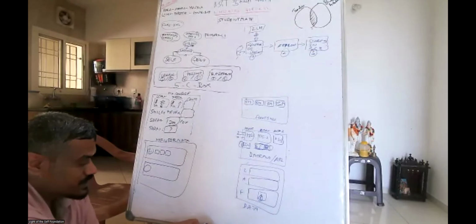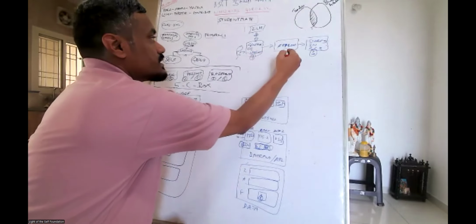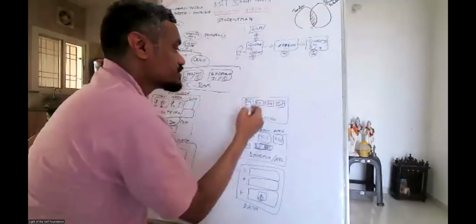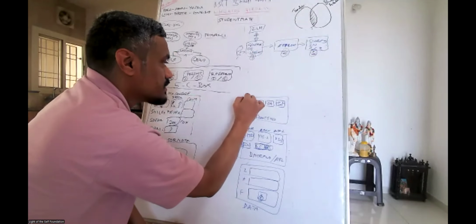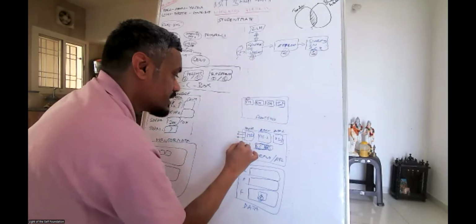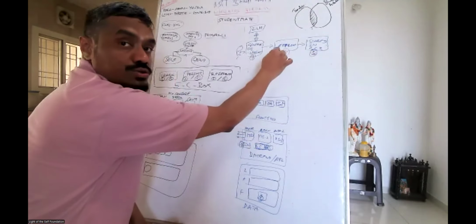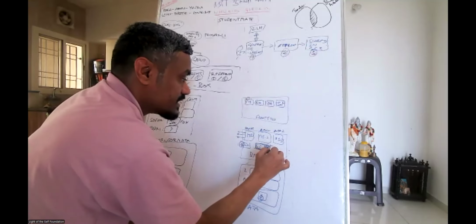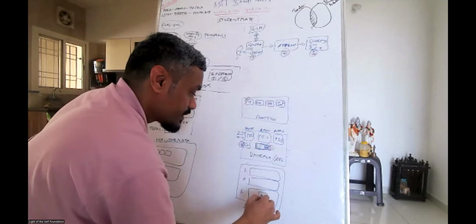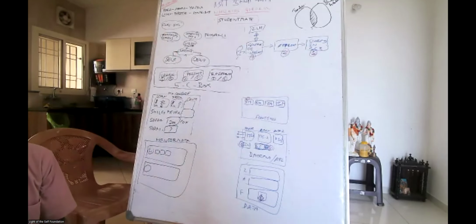So 1, 2, 3. So 1 happens here, and 1 also uses this. So this is 1 and this is 1. And then 2, when they click on that, it has to get stored here. So 3 and 3. So this is how the data will move, right?